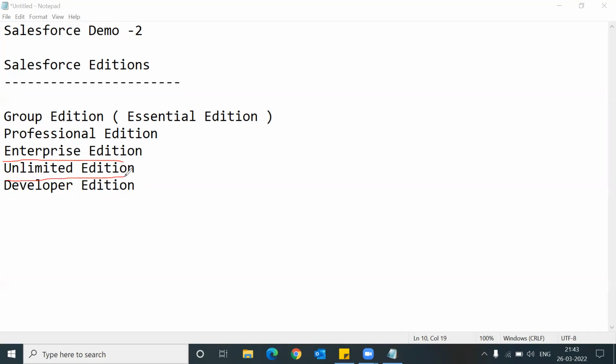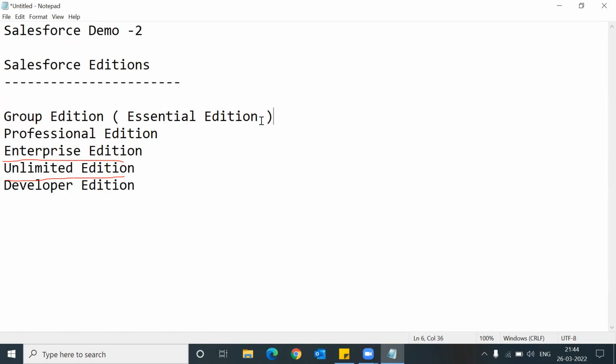Group, professional, enterprise, unlimited, and developer are the editions available in Salesforce. So what is the difference, and when do we use professional, enterprise, unlimited, or the developer edition?